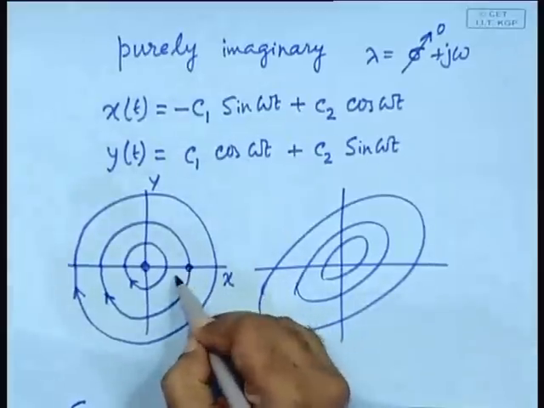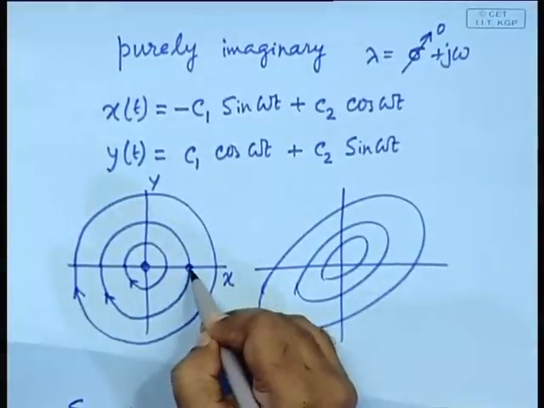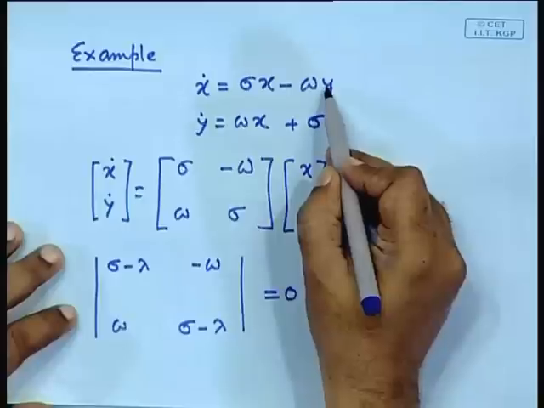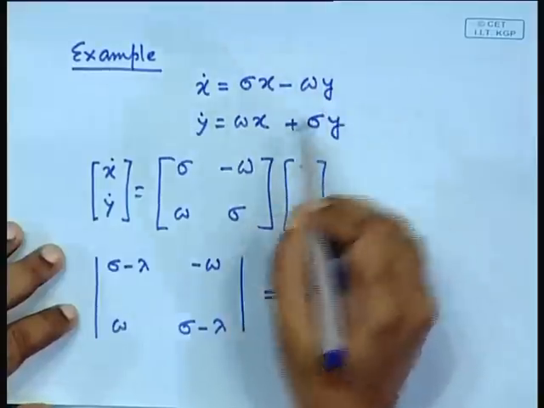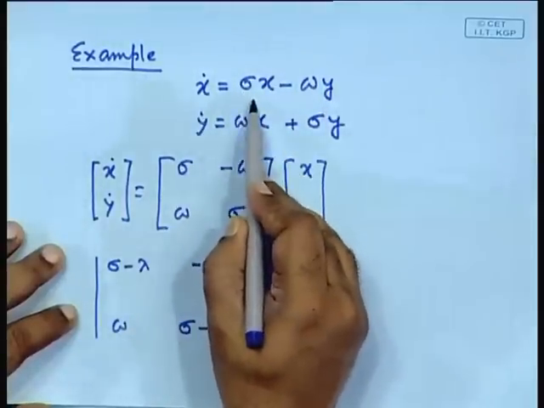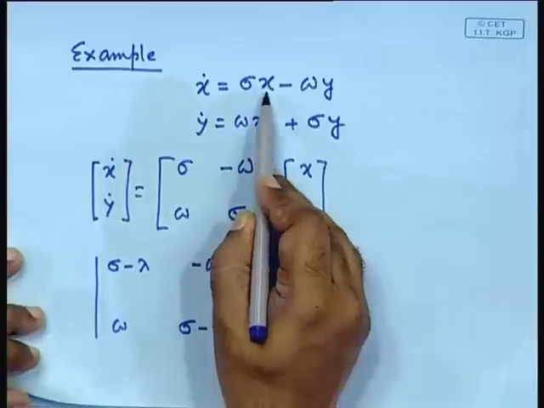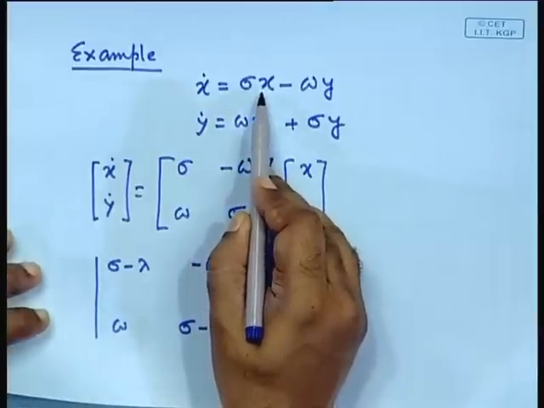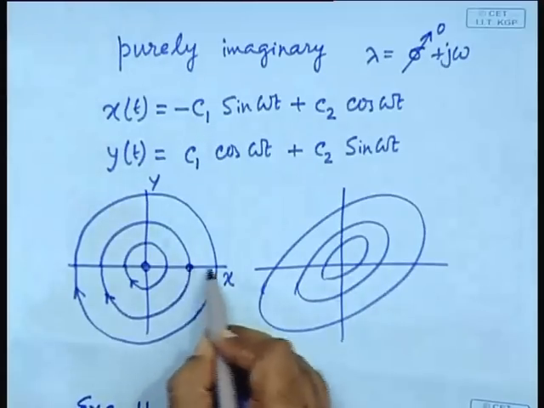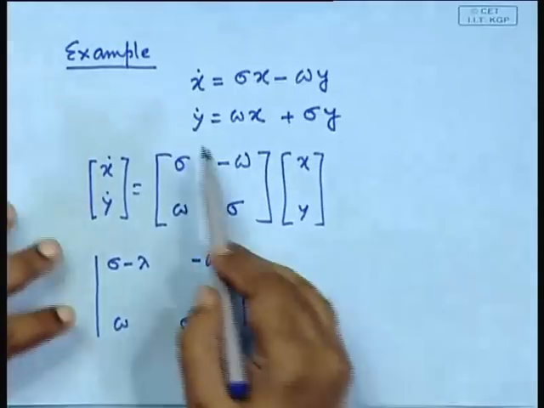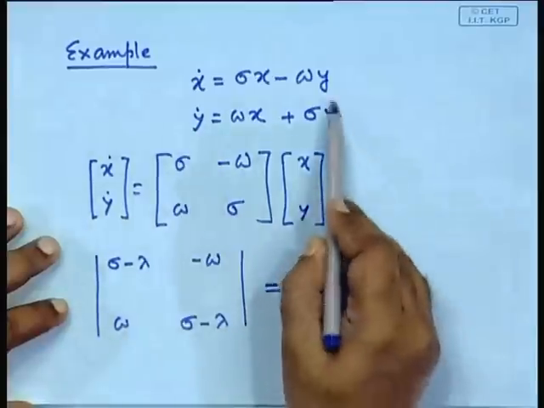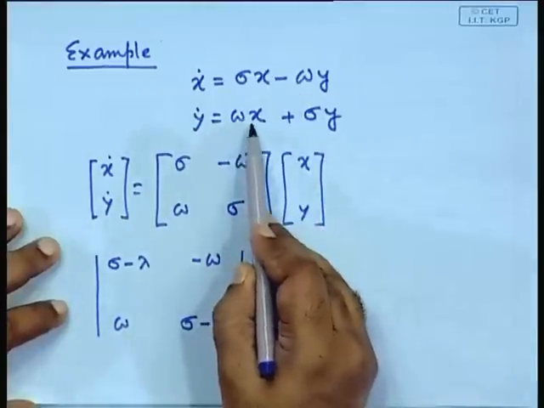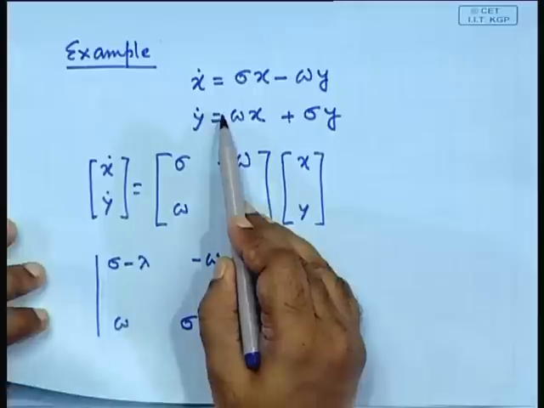Take, say, this point where y is 0 and x is there. y is 0 means this term vanishes. So, x dot is something dependent on the value of x. Y dot, where this is 0, is omega times x, which is positive.